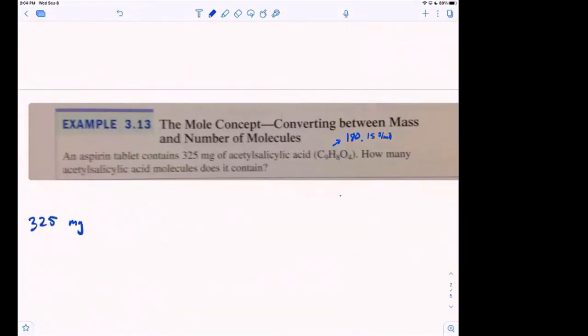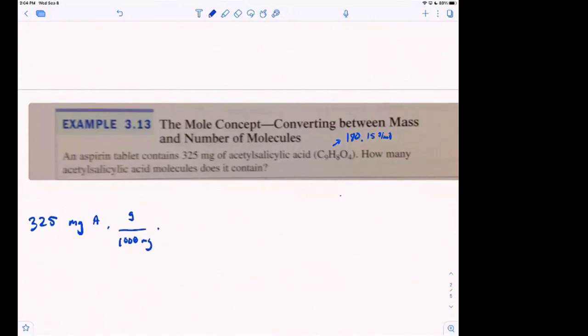325 milligrams. I'll just put A for aspirin, acetylsalicylic acid, times 1 gram per 1,000 milligrams. We're trying to figure out the number of molecules.